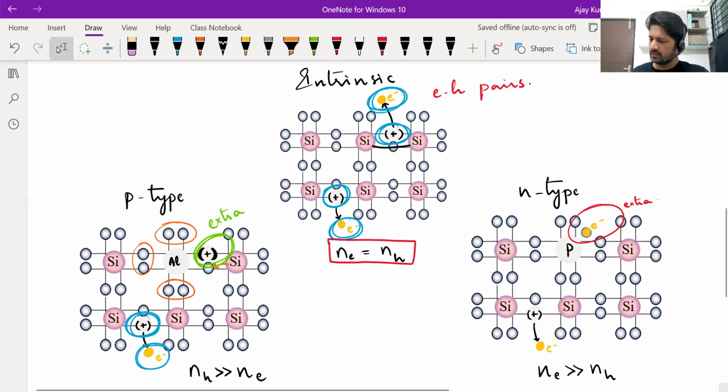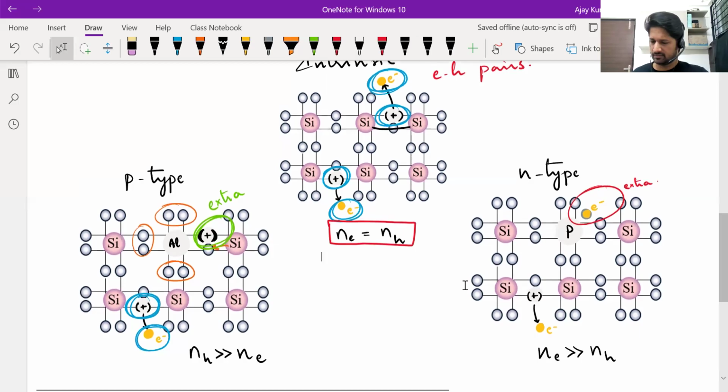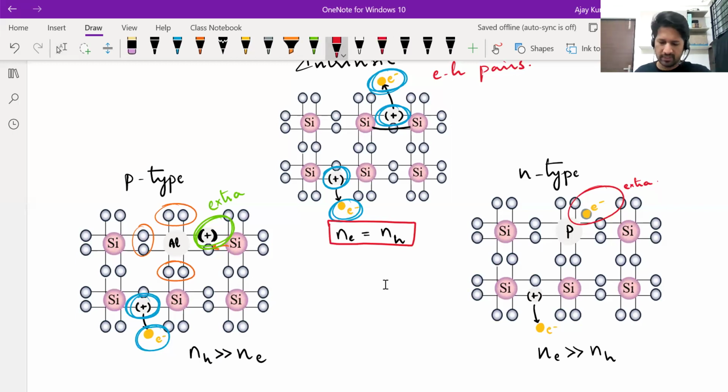Next, if you consider a p-type semiconductor, silicon doped with aluminum, for example, it will have more holes compared to conduction electrons. Because the intrinsically created electron hole pairs will anyway be there. In addition, you will have extra holes.